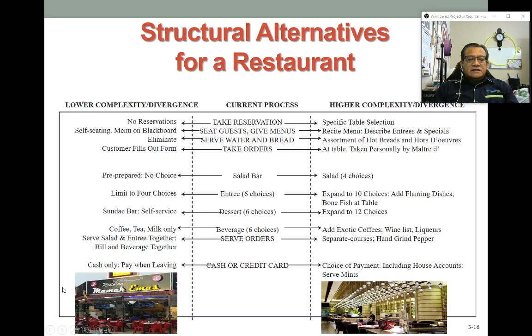If you enter this mama restaurant, you don't have to wait to get seated. You can pick any place which is still empty and sit there.